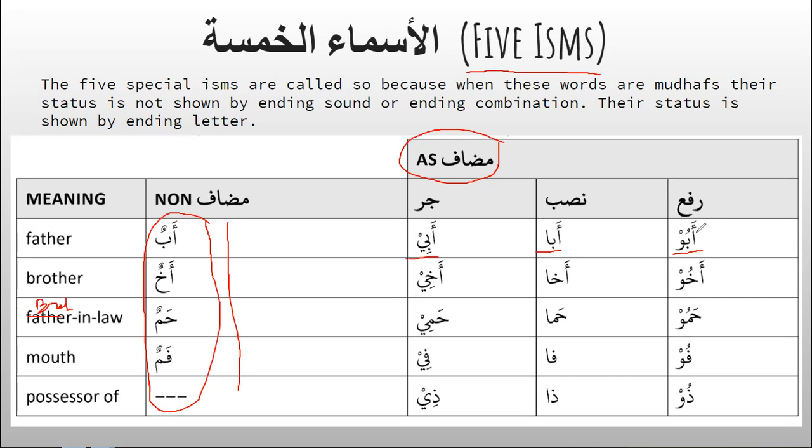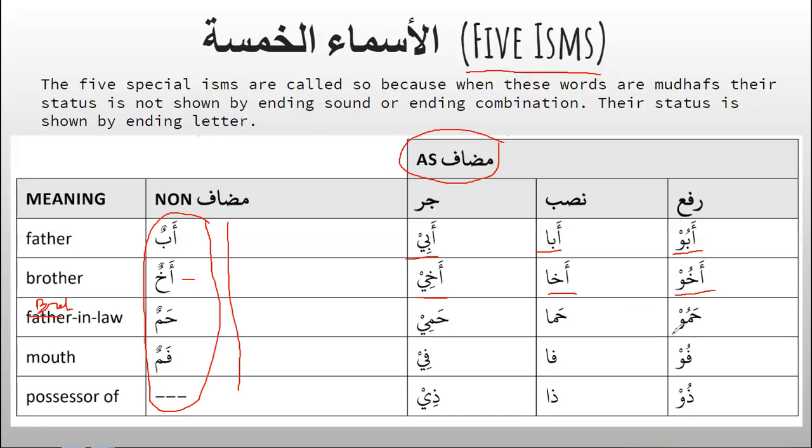See, there will be the ending letter. Waw is considered rafa, alif is considered nasab, and ya is considered jar over here. Same thing with akhun. Akhun is the brother. Normally it will stay akhun, but if it acts as mudaf, then it will become akhu, akha, and akhi, rafa, nasab, and jar respectively.